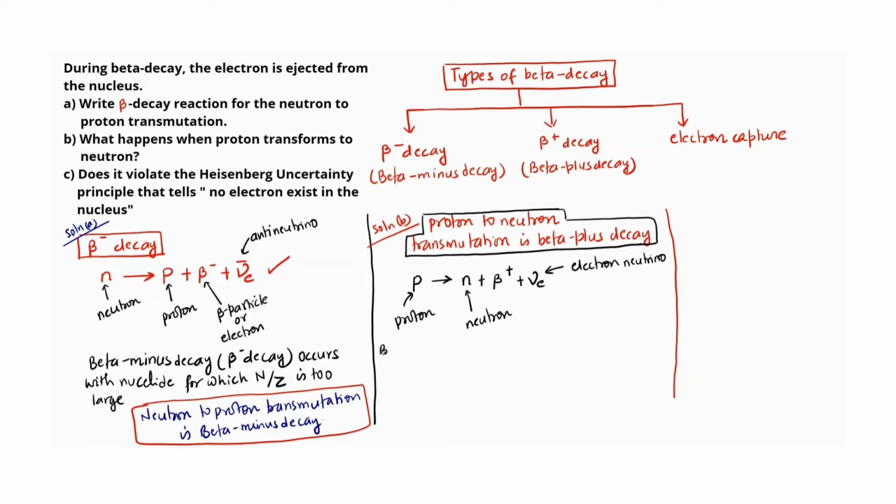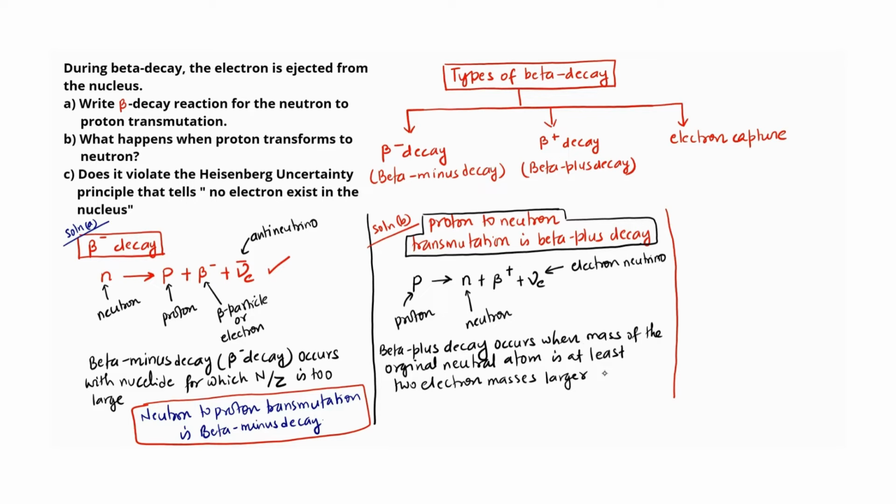So I'm writing over here, beta plus decay occurs when the mass of the original neutral atom is at least 2 electron masses larger than that of the final atom.